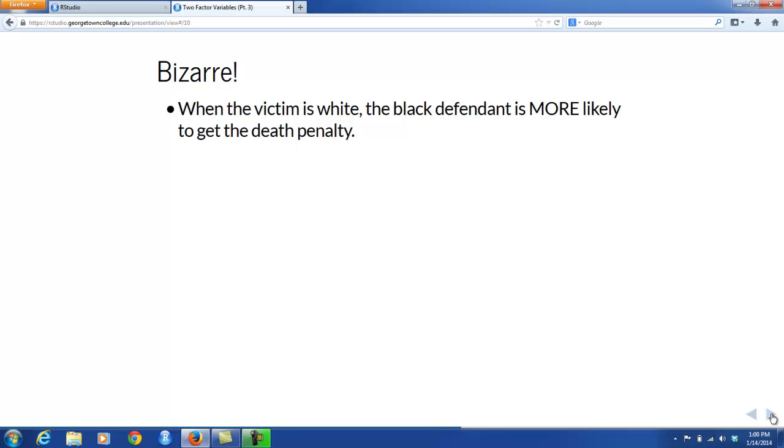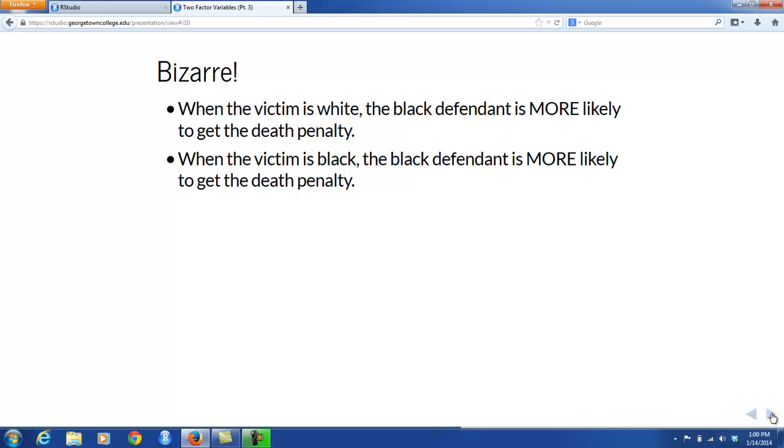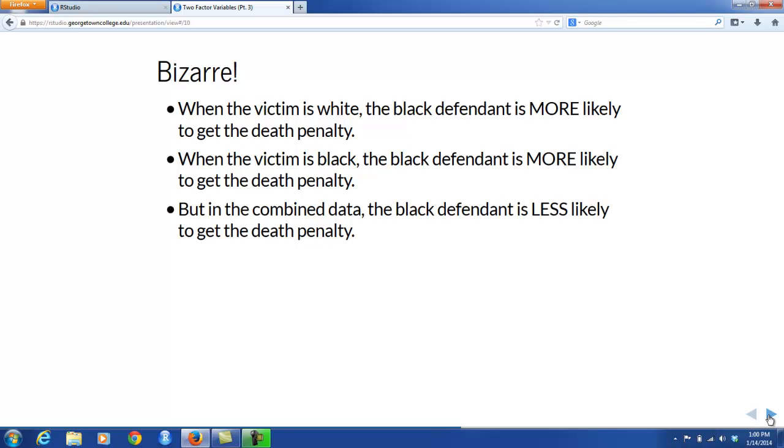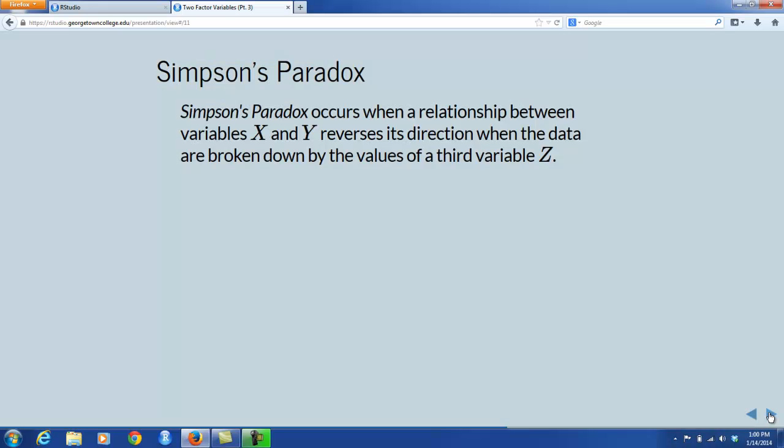When the victim was white, the black defendant was more likely to get the death penalty. When the victim was black, the black defendant is more likely to get the death penalty. But at the beginning, we saw in the combined data that the black defendant was less likely to get the death penalty. What's just occurred is an example of what we know of as Simpson's paradox.